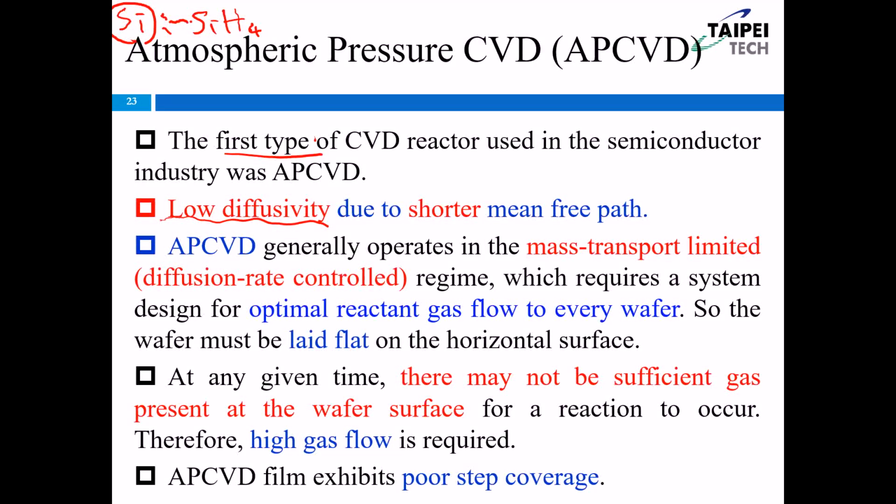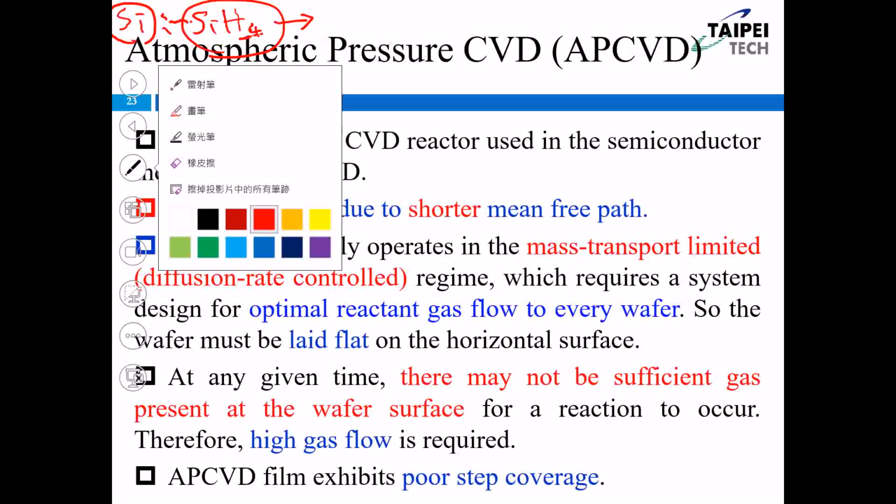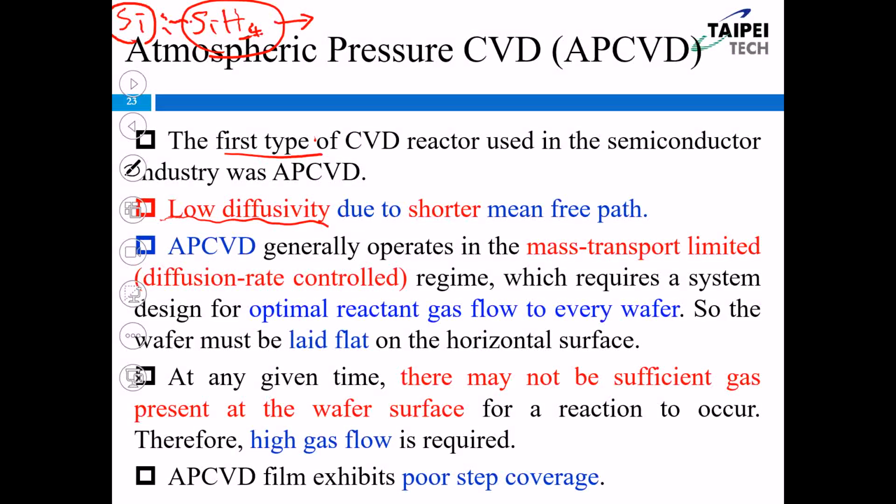Okay, so right now, I just input the silane into the chamber. But however, due to the 1 ATM of the chamber, it means we have a lot of air inside the chamber.